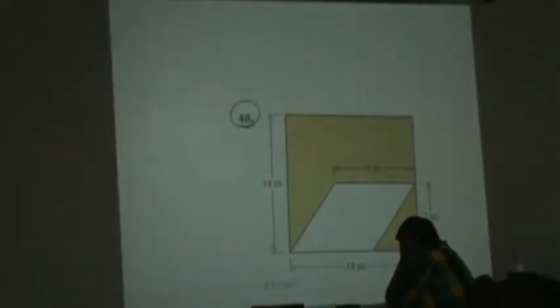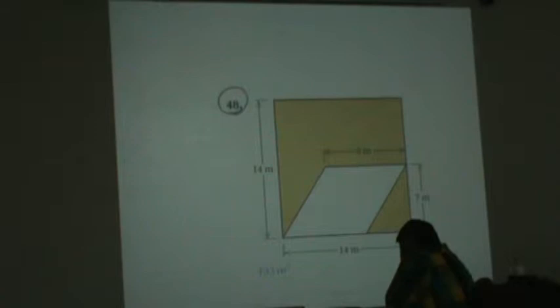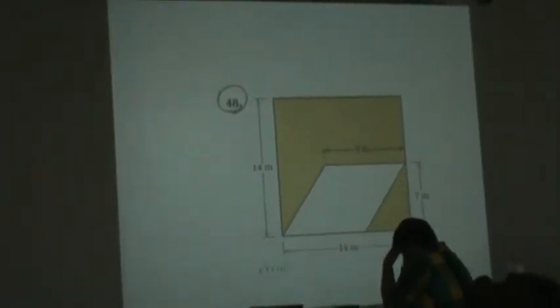This one right here, tell me what you're going to do. First, you're going to do the area of the big part, right? And then you're going to subtract off what? Or the parallelogram. Subtract the parallelogram, which is base times height.